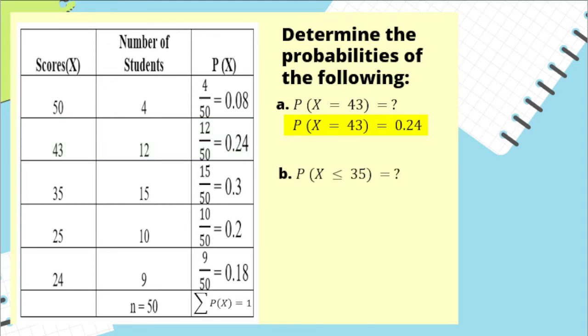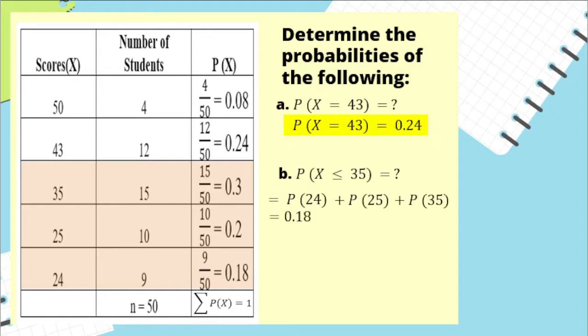For letter B, or the probability that the random variable x is less than or equal to 35, using our probability distribution table, we just look for the probability of x which are less than or equal to 35. And those are the probabilities P of 24, P of 25, and P of 35.